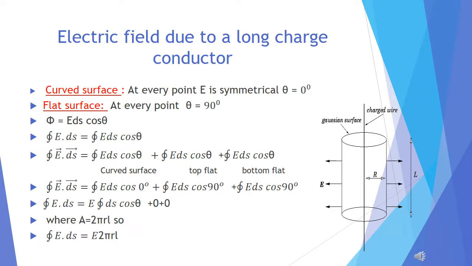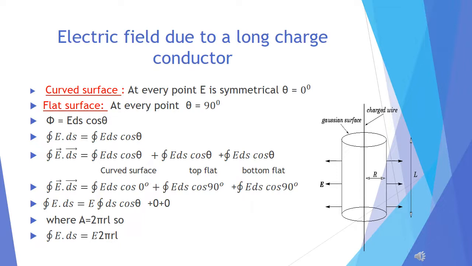Now for the flat surface, the angle is 90 degrees at every point, so there is symmetry. Then flux phi equals E dS cos theta, and phi is 0, so at every point the flux is 0.